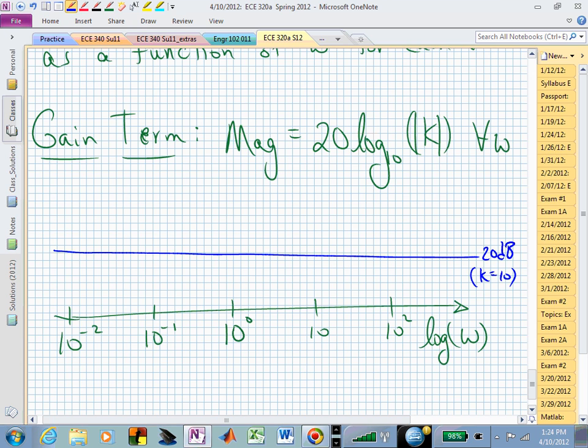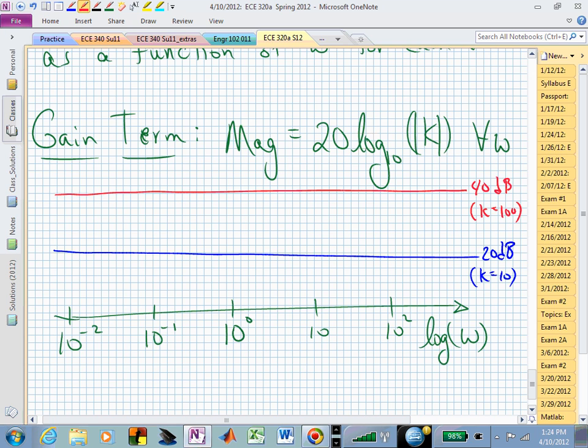If k was 1, then we would have 20 log of 1, which is 0, and we would be right on the axis. Is that making sense? If we had a magnitude of 1, we would have a dB of 0 dB. If we said, what if you have a gain k of 100? Now we have 40 dB of gain.